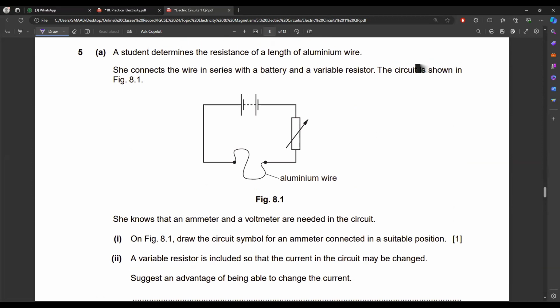Okay, let's continue with question number 5 first. A student determines the resistance of a length of aluminium wire.